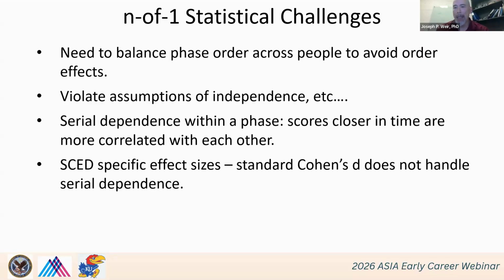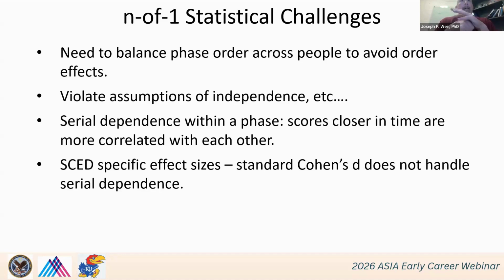You really can't design a clean study in a traditional sense to look at a lot of these types of questions.